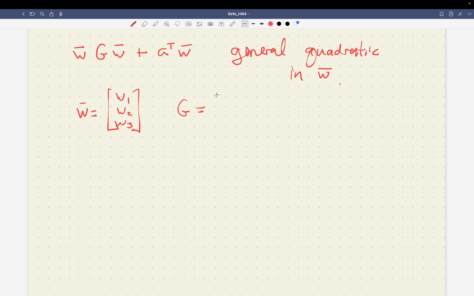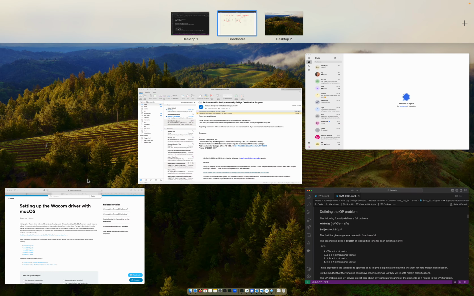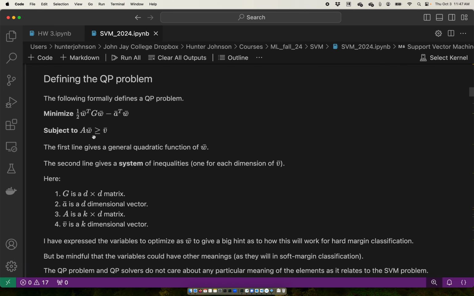Let's say that G is equal to 2, 1, 0, 1, 0, 3, 3, 1, 0. Actually, is that linearly independent? Yes. Okay, so now what happens if I do, make sure I got this right. I think I might have made a dimensionality error.